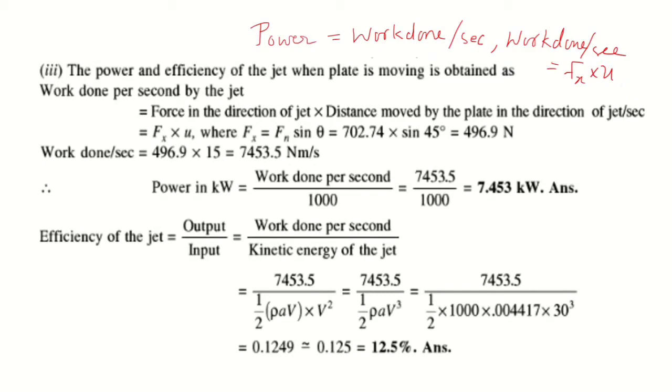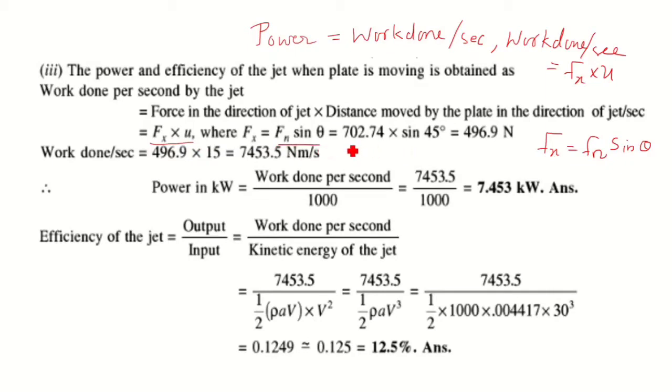So we need to find the value of F of x, not F of n. F of x is equal to F of n sine theta. So F of x into u.